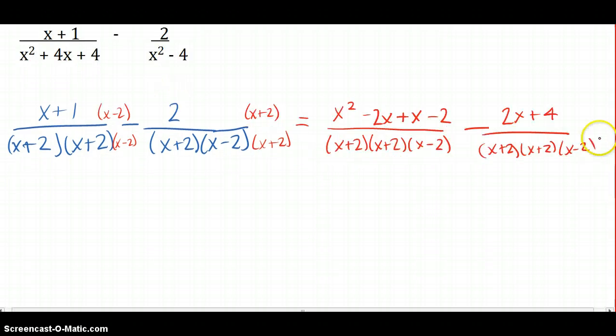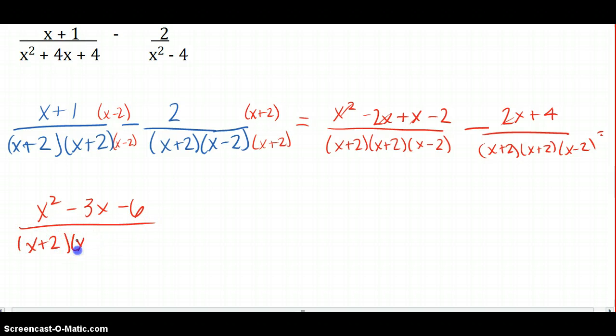And then I'm going to subtract and keep my denominator. So if I subtract all this, I have x squared. Then if I subtract all my x's, I have negative 2 plus 1 minus a 2. So that's going to be negative 3x. Then I have negative 2 minus 4, which is negative 6, all over our common denominator.